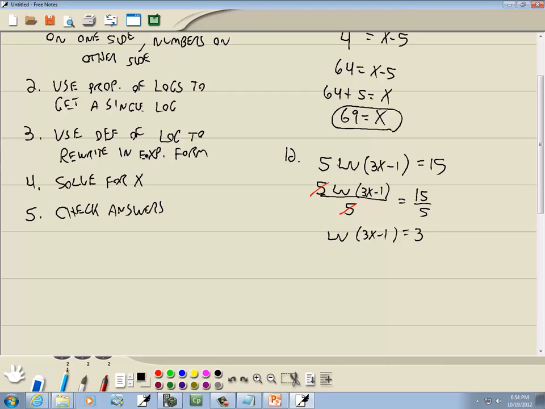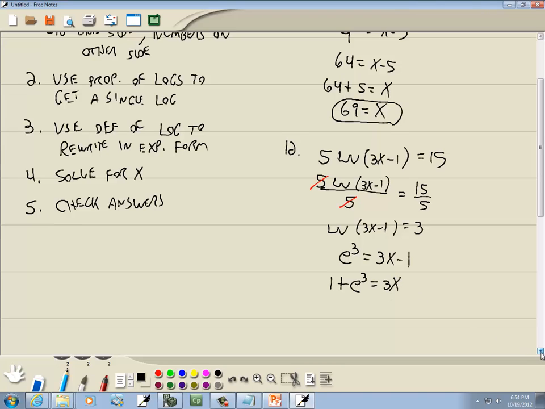Step 3, use definition of log to rewrite in exponent form. So we're going to take our base, which in this case is e, because remember, if you have ln, natural log, your base is always e. We'll take our base to a power of the other side, so we got e to the third power equals what follows our log. Now I want to solve for x, so I'll take negative 1 over, and it becomes a positive 1.